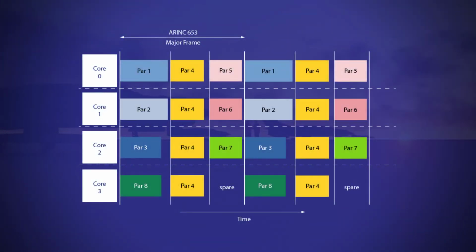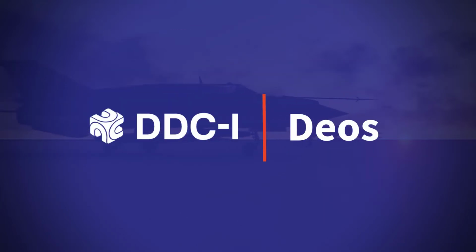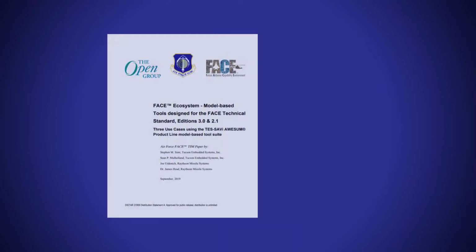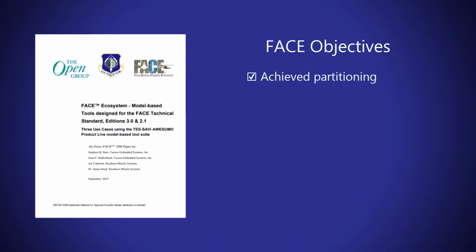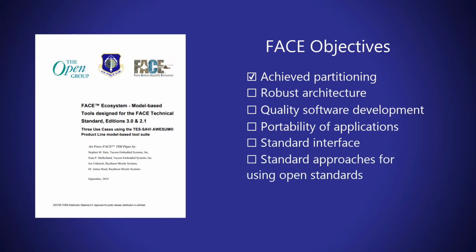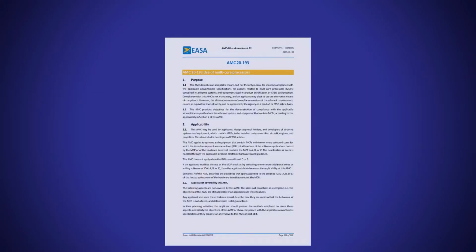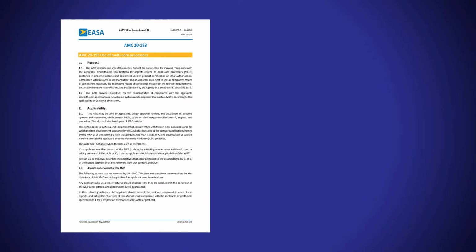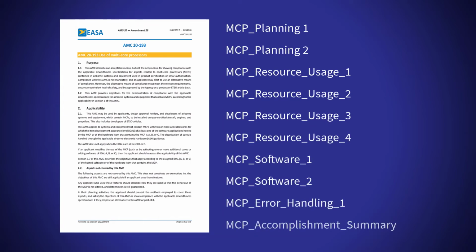The use of an ARINC 653 compliant RTOS like DDC-I's DOS meets a FACE requirement and implies partitioning is achieved. However, these advanced RTOS technologies are not sufficient in themselves to prove the partitioning is robust. The AMC 2193 standard sets out specific objectives which need to be satisfied when designing multi-core systems according to DO-178C guidance.